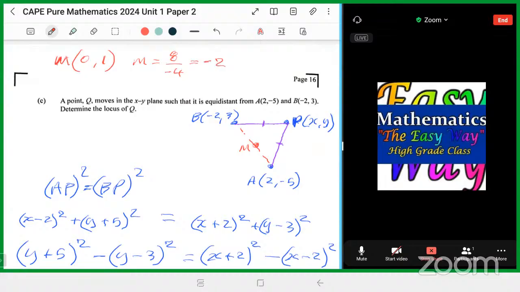So the gradient of the perpendicular bisector is the negative reciprocal of this, which is a half. And this is really a y-axis intercept, so this is really easier. So the perpendicular bisector is the locus. The locus is the perpendicular bisector.